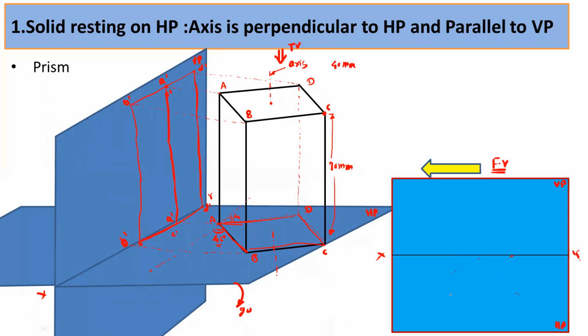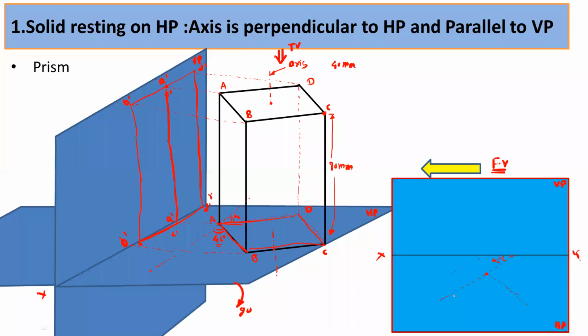Draw the first line like this, and by taking some distance with respect to the XY line, locate the point and then draw the 45 degree second line. And then you complete the square with the given dimension. So its side is 40 mm.